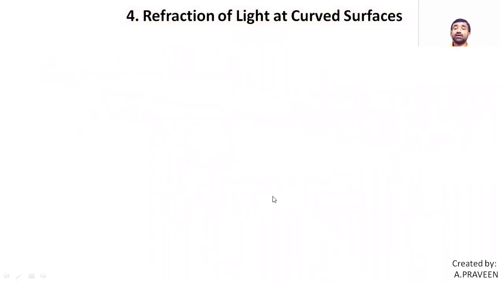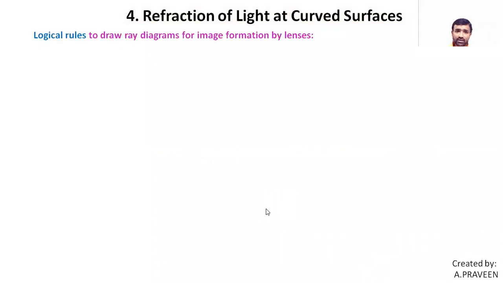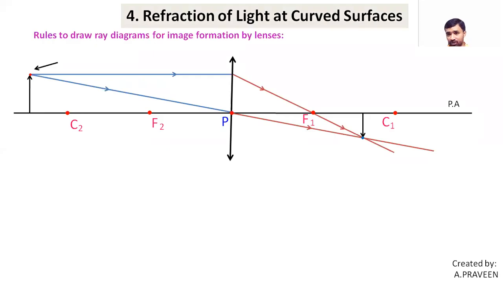These are logical rules to draw the ray diagrams for image formation by lenses. Don't write these if the question comes in your exam, asking what are the rules to draw the ray diagrams. What we discussed previously, as per your textbook, only that you have to write in your exam. For drawing purposes, I am giving you these logical rules, right?